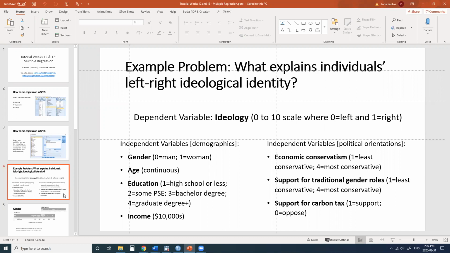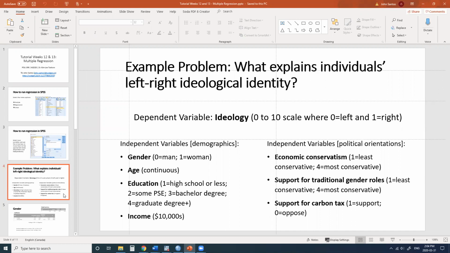And this is in an abstract and a symbolic way, right? So it's not necessarily tied to policy positions or values, but it can be. So we know politics sort of has this left-right dynamic, and individuals place themselves on this left-right spectrum. So the research question here is, what explains individuals' left-right ideological identity?